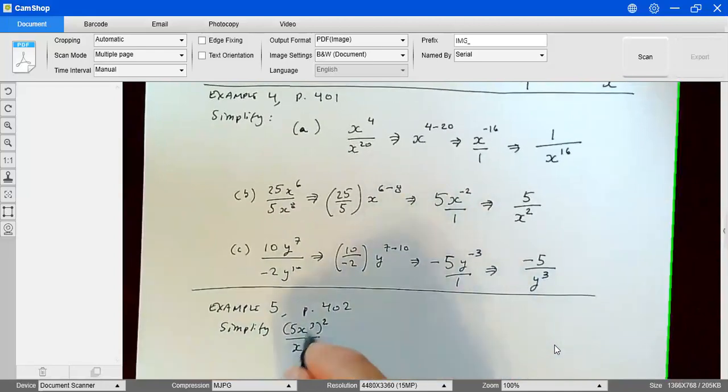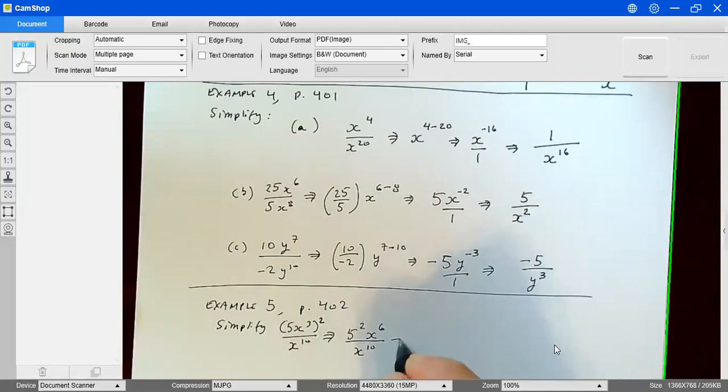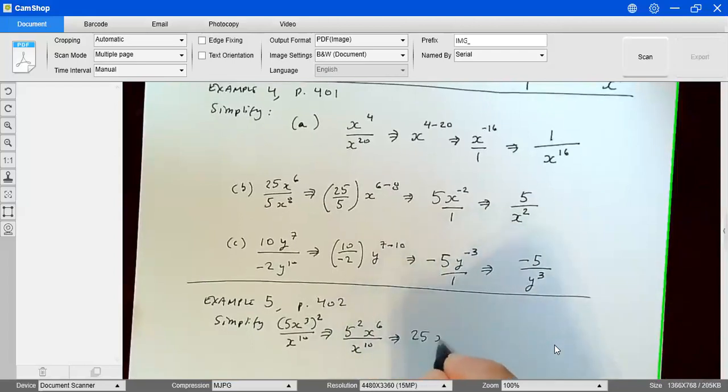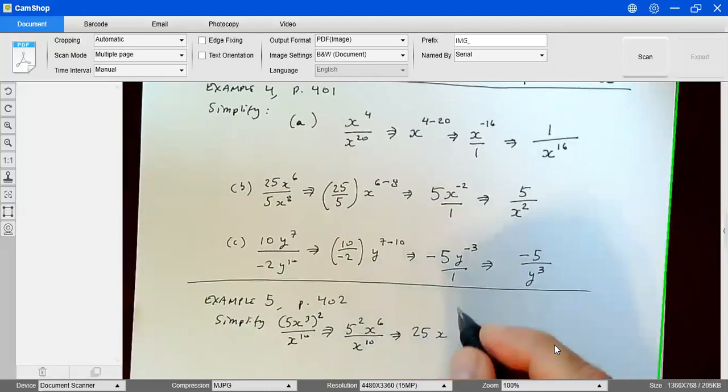So we're going to distribute the exponent over these factors inside of the parentheses. So you're going to have 5 squared, x to the 3 times 2 is going to be 6 over x to the 10. So 5 squared is just 25, and then we divide the variable x.